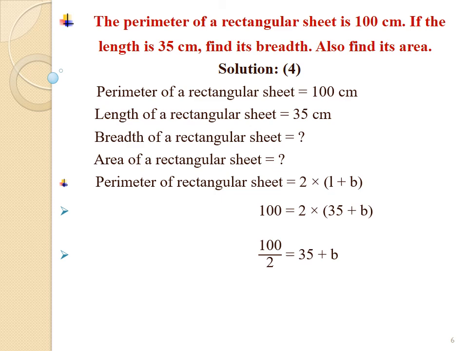Now, dividing 100 by 2 and keeping 35 plus B as it is, we get 50 equal to 35 plus B. Now again transposing 35 from RHS to LHS by changing its sign from addition to subtraction, we get 50 minus 35 equals to B. Now subtracting 35 from 50, we get 15 equals to B or B equals to 15.